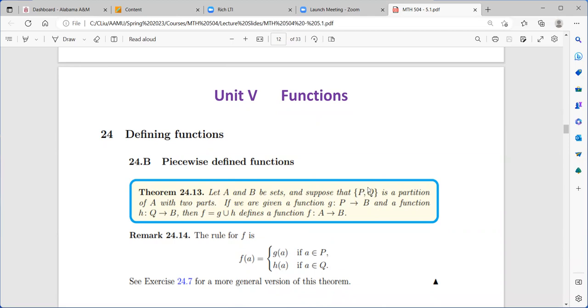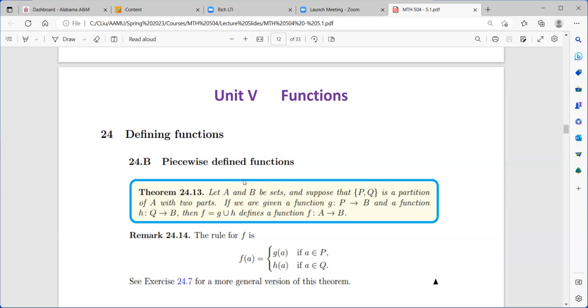You don't have anything in common between the sets P and Q. P and Q are two sets also, and the union of P and Q is A. That's what it means by partition. You cut the set into different parts, and there's no overlap between any two parts.